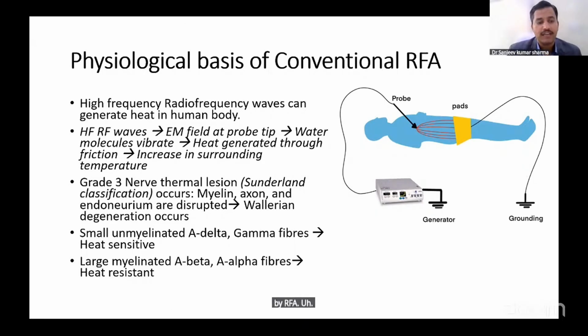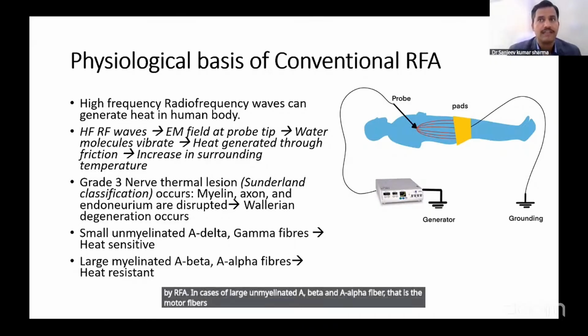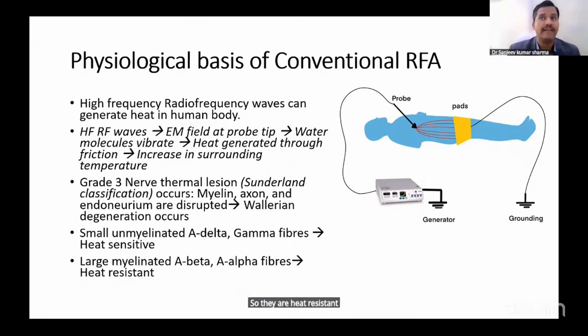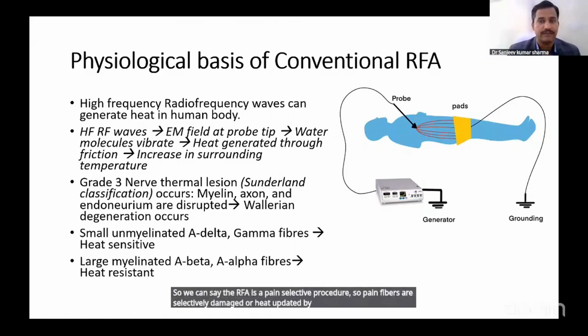Large myelinated A beta and A alpha fibers, that is the motor fibers and the touch pressure fibers, are heat resistant, and can be damaged only at very high temperature. So we can say RFA is a pain selective procedure. Pain fibers are selectively damaged or heat ablated by RFA.